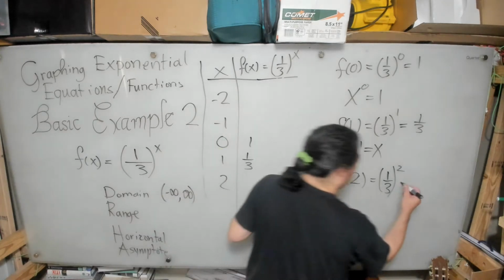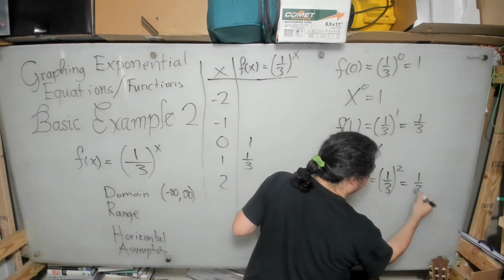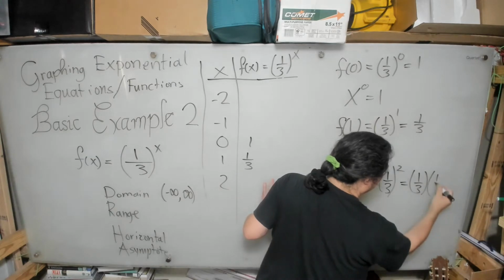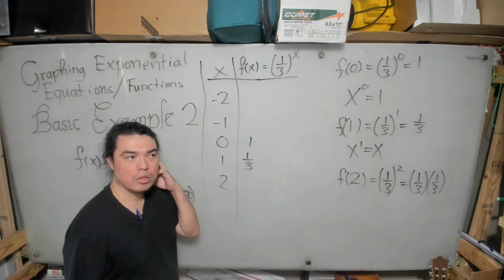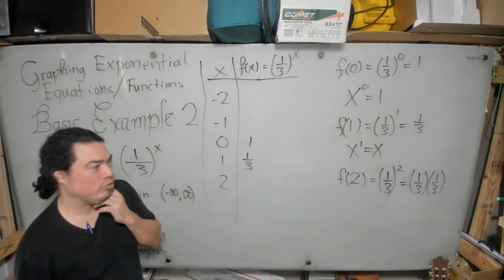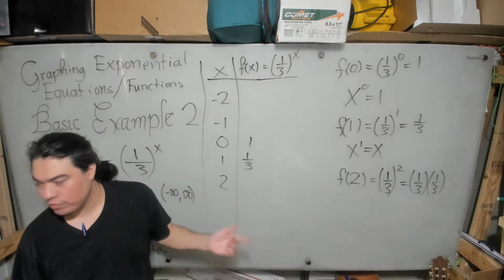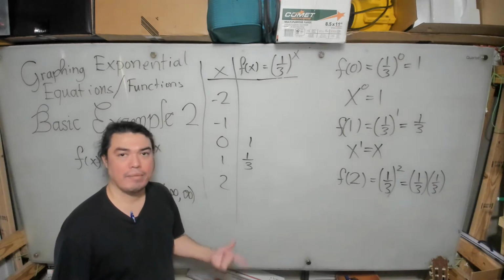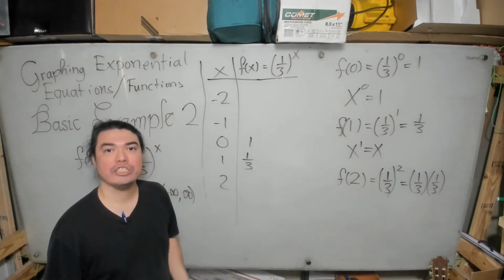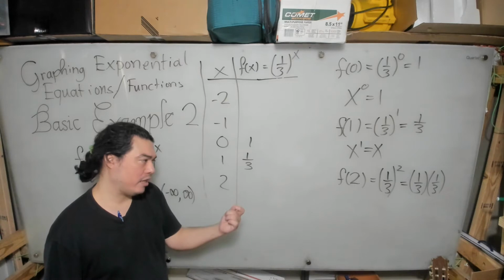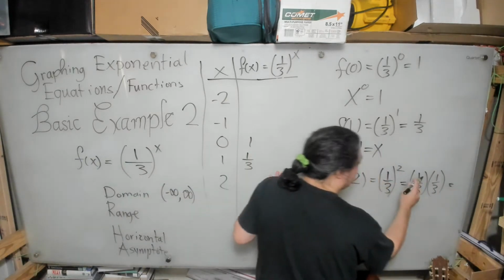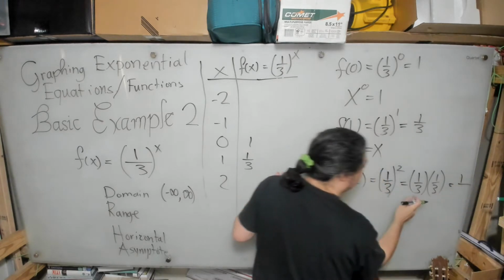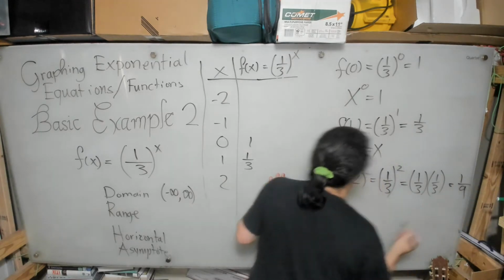So I'm going to have 1/3 times 1/3. How do I multiply two fractions? I multiply two fractions by multiplying the numerators to get the numerator of the product and multiplying the denominators to get the denominator of the product. So in this case, 1 times 1 is 1, 3 times 3 is 9, so it's 1 over 9.